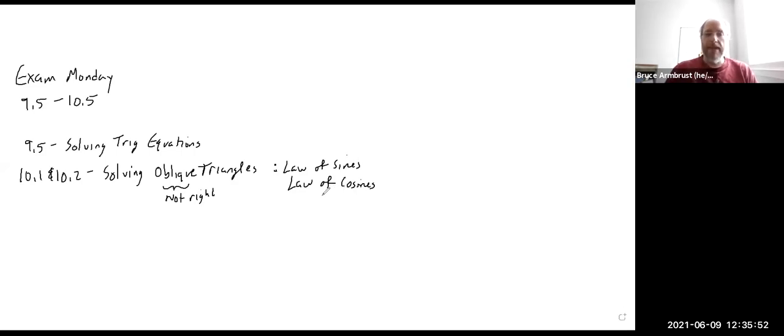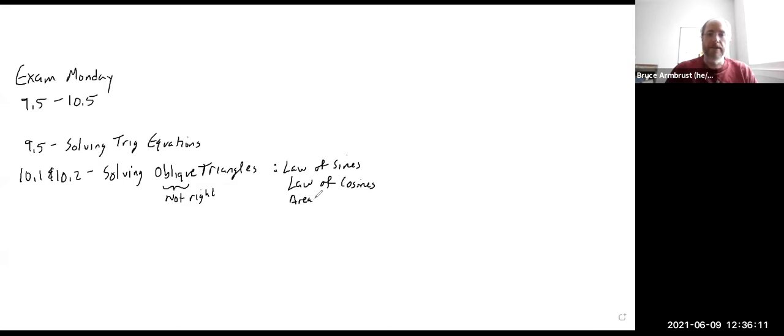But there is that one case, SSA, the two sides and the angle opposite one of them, where you always have to check your second angle from the law of sines. You might actually get 2 triangles in that case. The one other thing in 10.1 and 10.2 was areas.